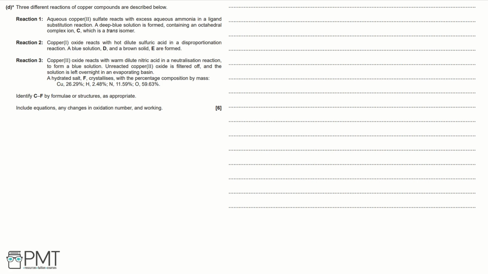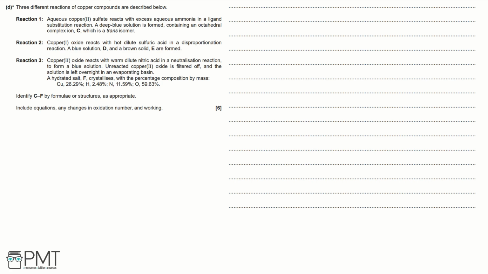Copper 1 oxide reacts with hot dilute sulfuric acid in a disproportionation reaction. A blue solution D and a brown solid E are formed. Reaction 3. Copper 2 oxide reacts with warm dilute nitric acid in a neutralization reaction to form a blue solution. Unreacted copper 2 oxide is filtered off and the solution is left overnight in an evaporating basin.